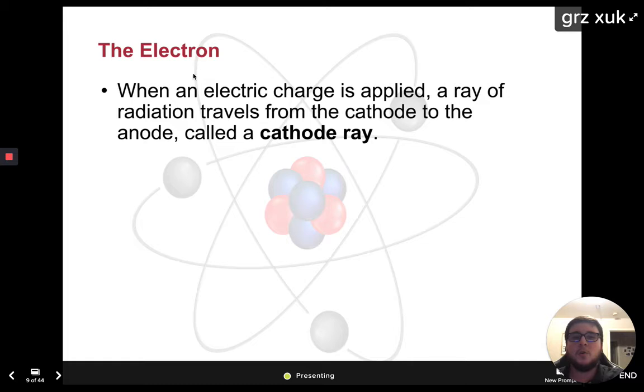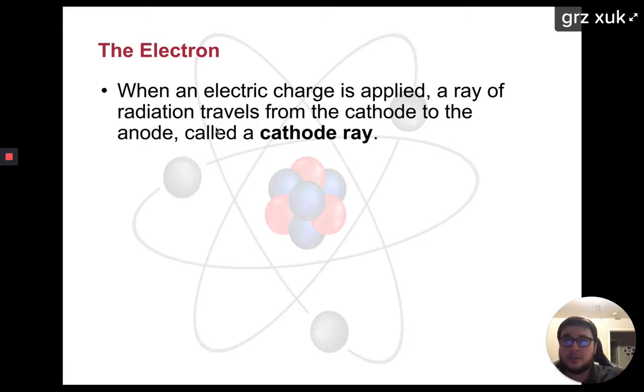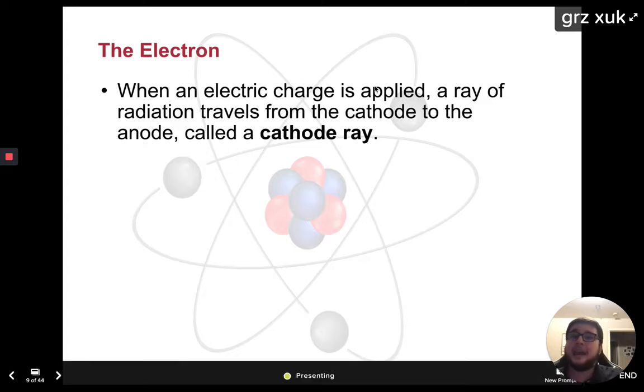Okay, and so this was discovered using a cathode ray. Basically, when an electric charge is applied to a cathode ray tube, a ray of radiation, a beam of light, travels from one end of the tube to the other, from the cathode to the anode, and we call that beam of light a cathode ray.